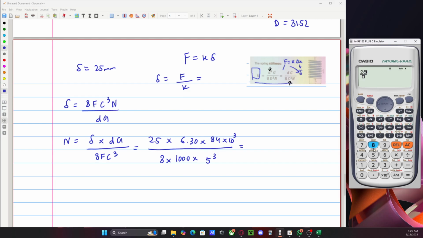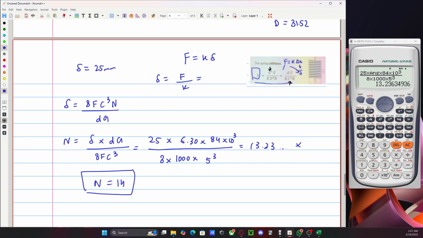It doesn't make a difference, to be honest, because it's already to 3 significant figures, so it's fine. 84 times 10 to the power 3 over 8 times 1,000 times 5 cubed gives you 13.23 turns. Now, you can't have 13.23 turns. If you're more than 13, you're going to have 14 active turns. So our n will be 14. You cannot have 13 and 0.23 of a turn.